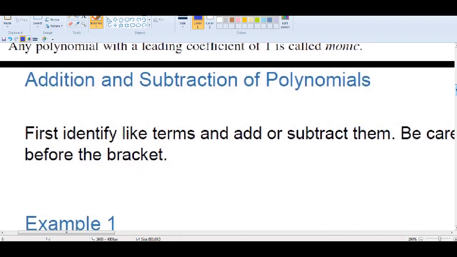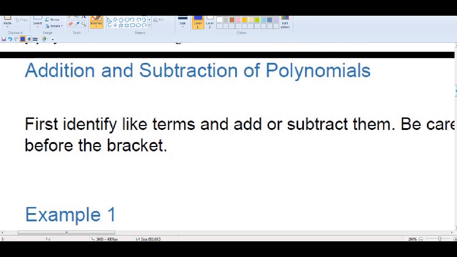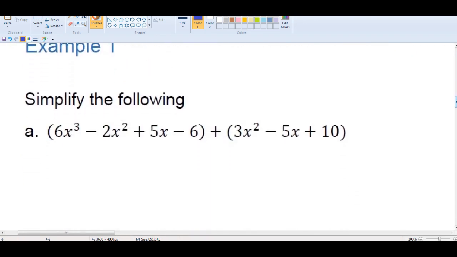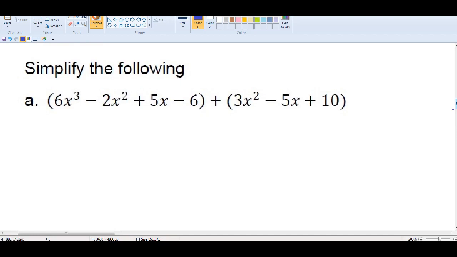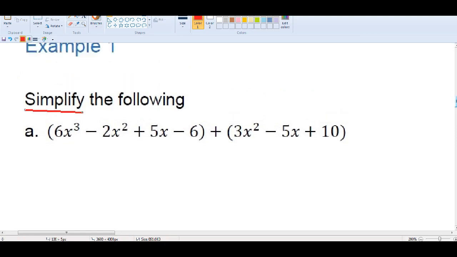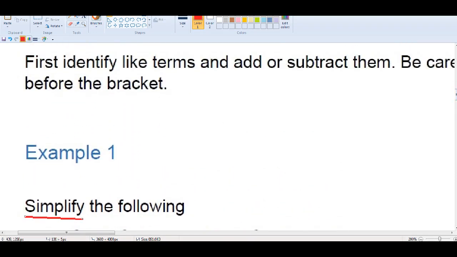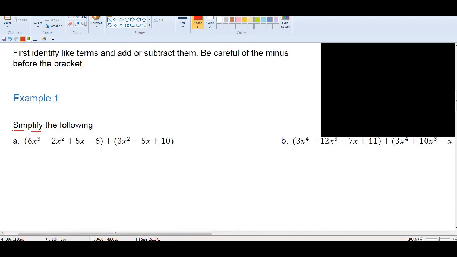Then we are going to do addition and subtraction of polynomials. For example, for this one, you are going to simplify the expression. How to simplify this? My general guideline is that you need to add the like terms.